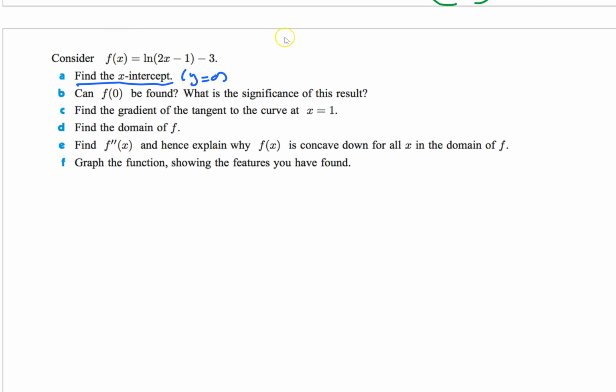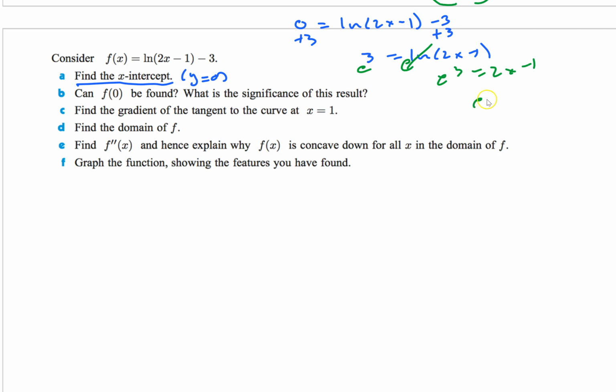So here's my y. So we're going to have 0 equals natural log of 2x minus 1 minus 3. So we're going to do a little review of how to solve natural logs. You want to get that by itself. So we're going to add 3 to both sides. I get 3 equals natural log of 2x minus 1. The way we get rid of natural logs, take the e to both sides. So you get e cubed equals 2x minus 1.